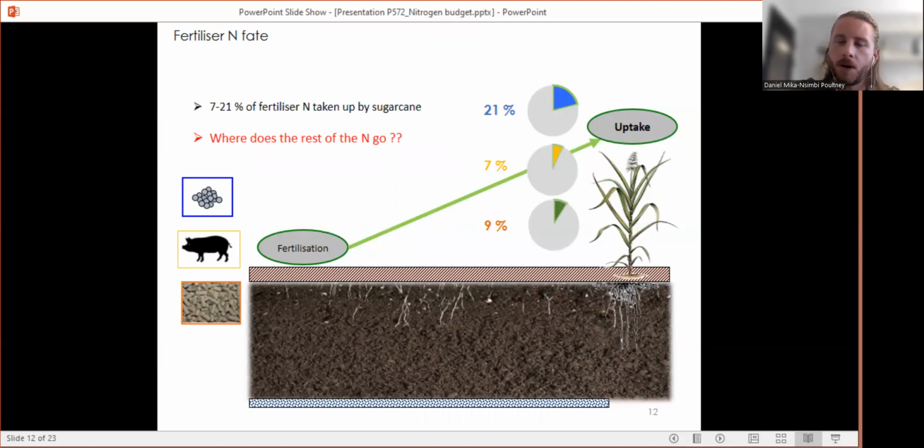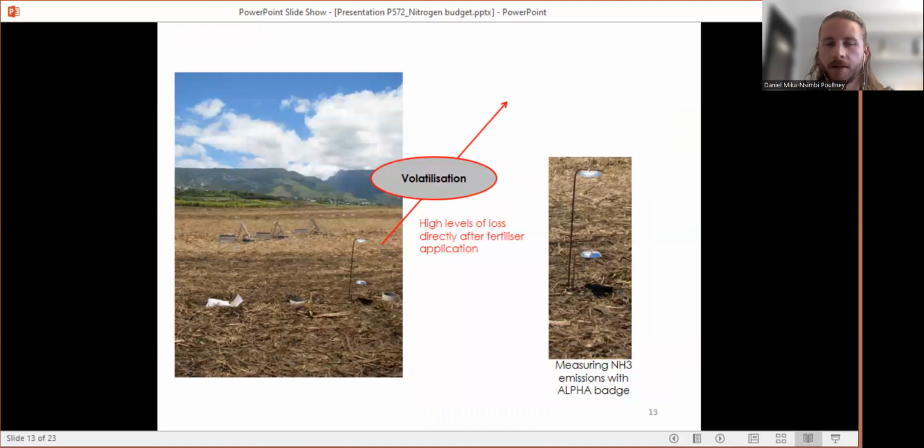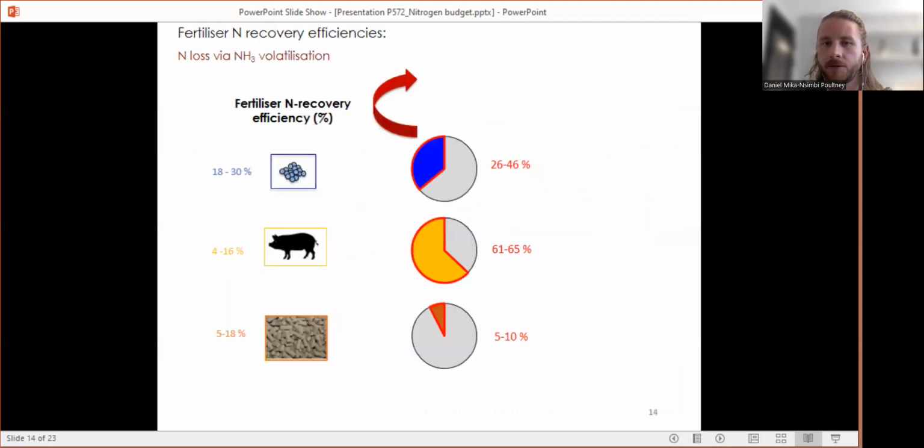One pathway that's been established where there's potentially a very high loss of nitrogen is through volatilization. So we had alpha badgers that were put into the field directly after fertilizer application and found very high levels of loss for the fertilizers high in mineral nitrogen, specifically urea, where approximately a third was lost, and pig slurry, where around 2/3 was lost in the weeks directly after fertilizer application.